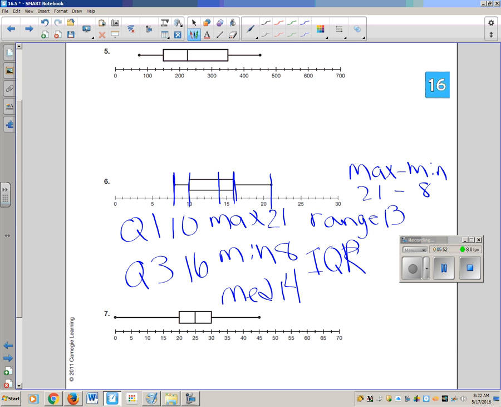And then the IQR is quadrant 3 minus quadrant 1. Quadrant 3 is 16, quadrant 1 is 10. So you're going to do 16 minus 10, which equals 6. So that's really all you got to do for this chapter. This one's pretty easy.